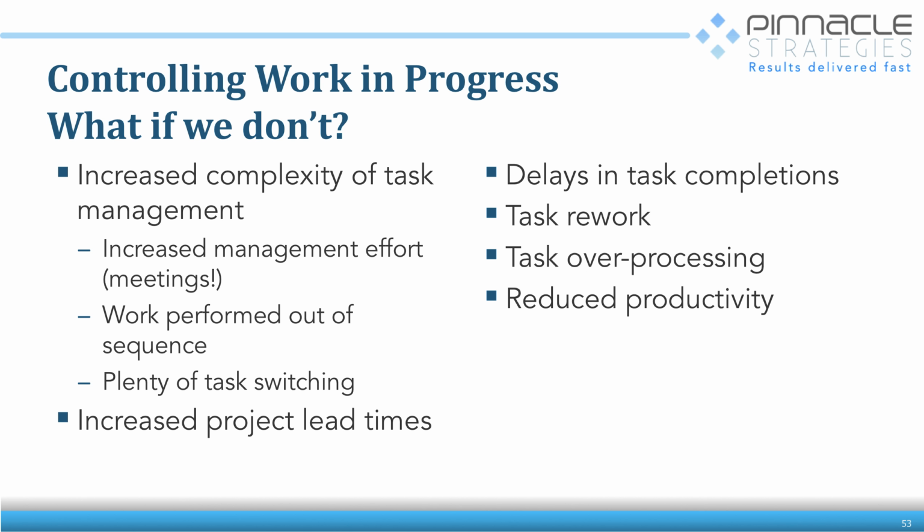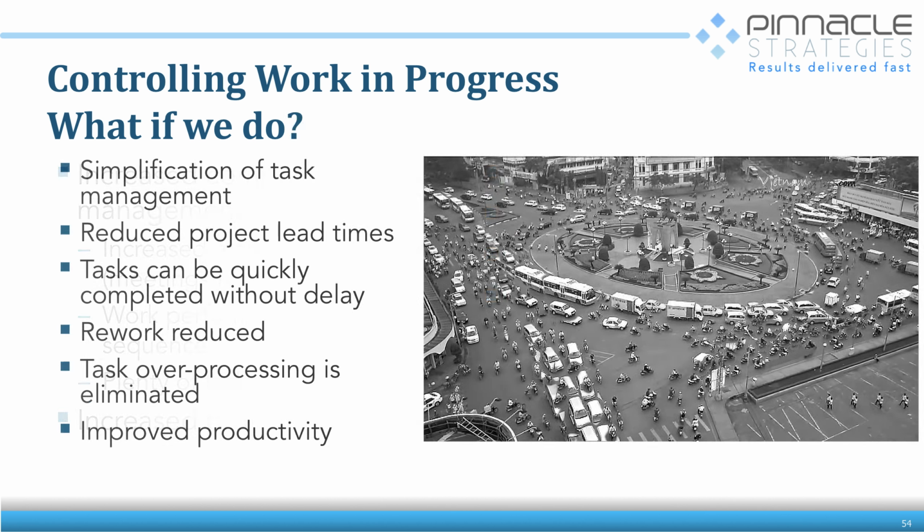And of course, that results in delays in task completions and people doing the wrong work, so they've got to go back and work stuff out of sequence, and oh my gosh, I've got to go back and do it again. Or sometimes we get people that work on things too long, and productivity goes down.